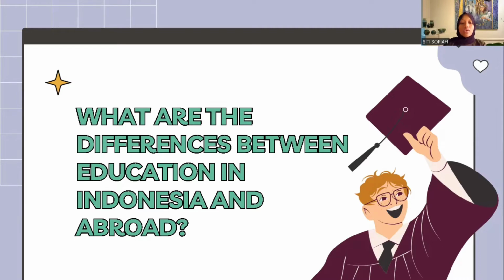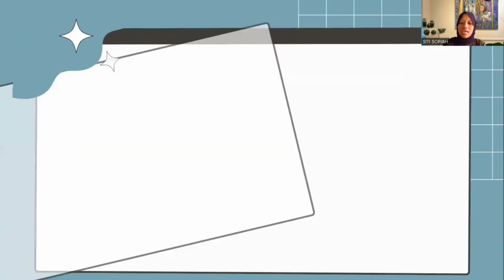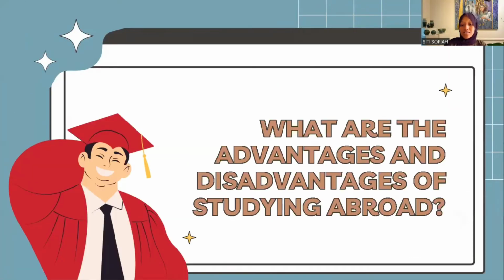And then we can see the differences in facilities. The facilities in other countries really support the education system, but in Indonesia they do not really support it. Then the next is, what are the advantages and disadvantages of studying abroad?